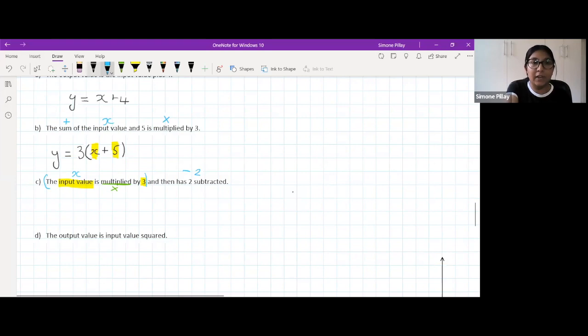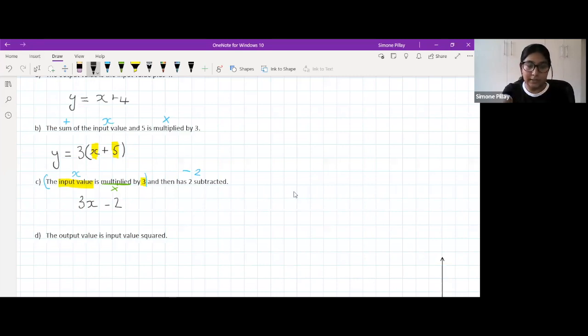So let's see if I can put this into a nice little neat equation. They said my input value is x. My input value is multiplied by 3 and then subtracted 2. So I don't have to put brackets in here because I already know 3x, we're going to multiply there first.